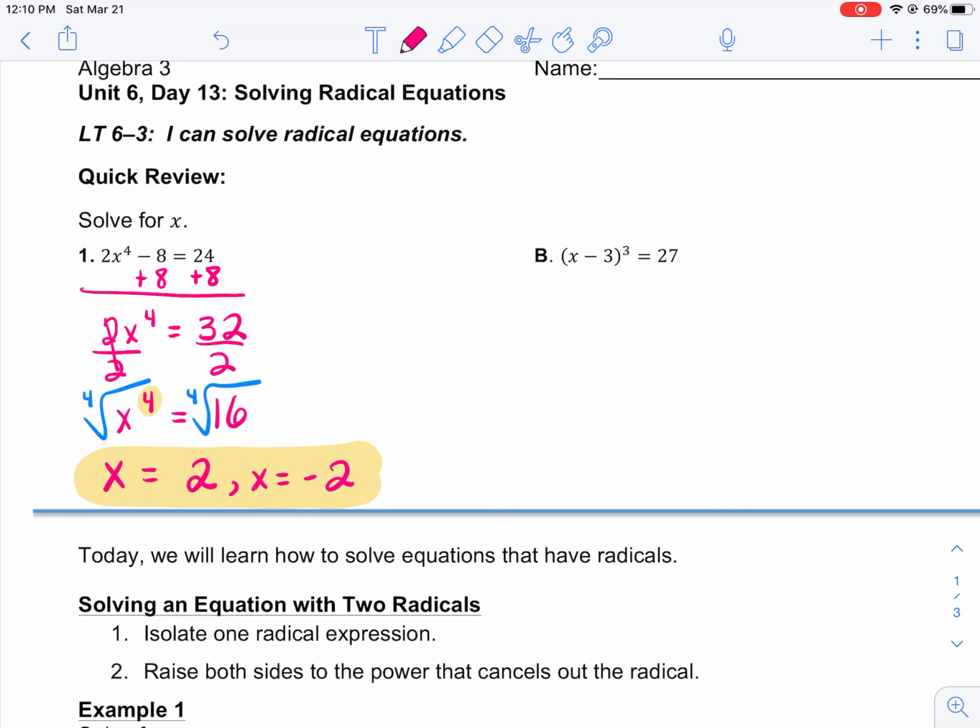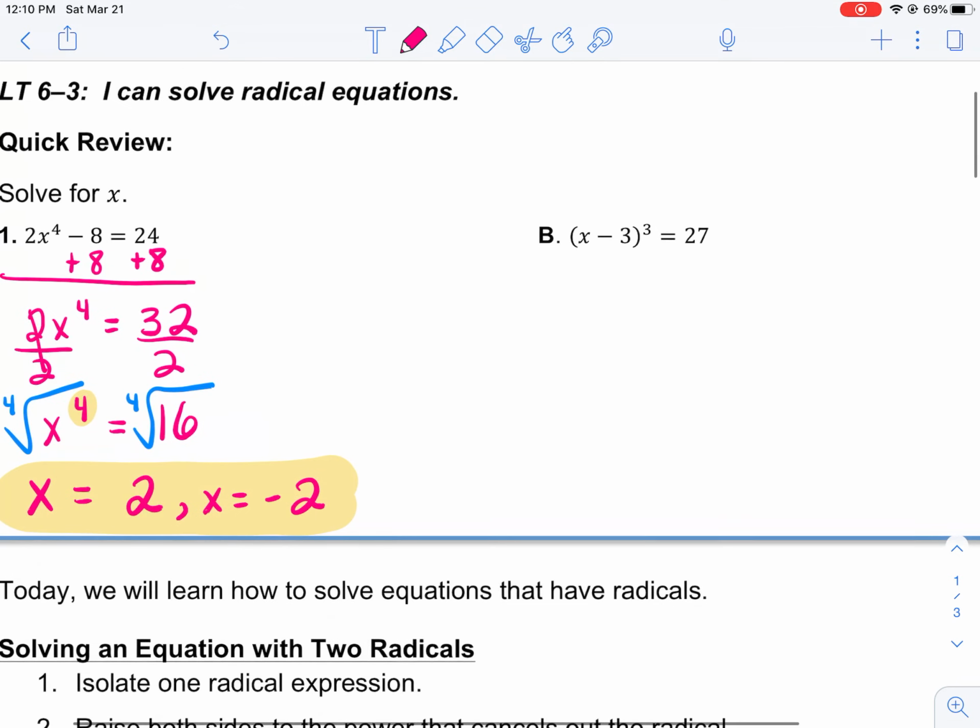Another type of problem I talked about in the video Friday is something like x minus 3 to the third power equals 27. Notice this entire base, x minus 3, is being raised to the third power to get 27. So we take the cube root of both sides. When we take the cube root of x minus 3 to the third, the exponent and the root undo each other.